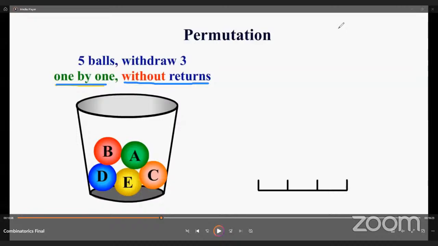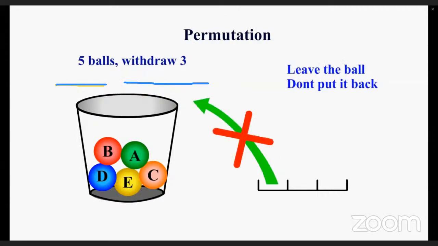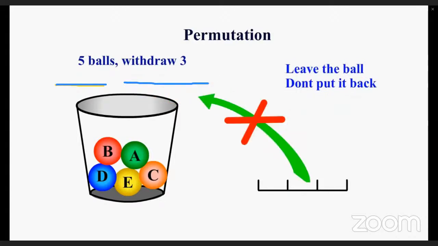So you take 1 and you keep it. You don't return it. Don't put it back. Then you take the second one. You keep it. You don't put it back.